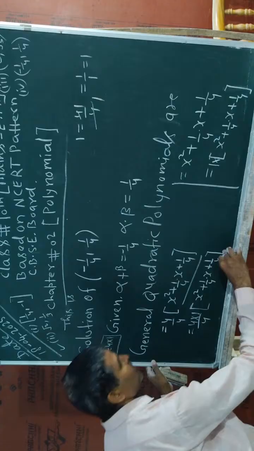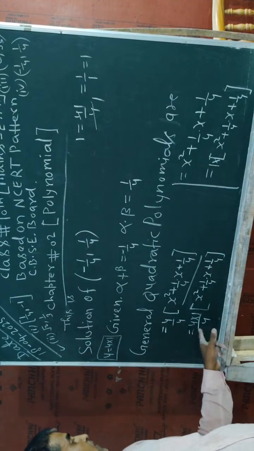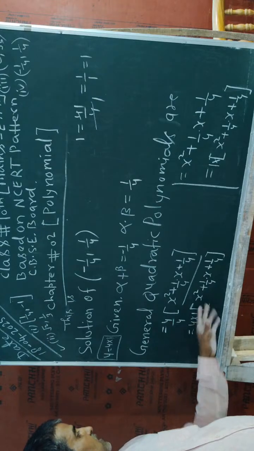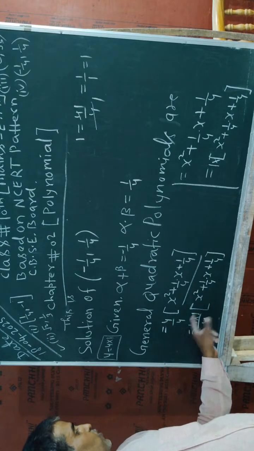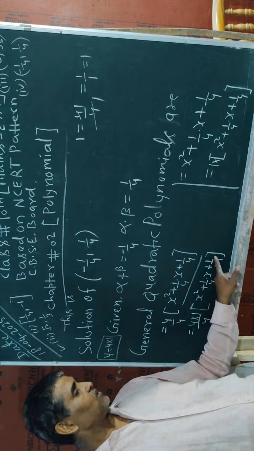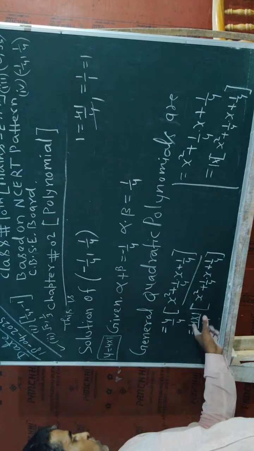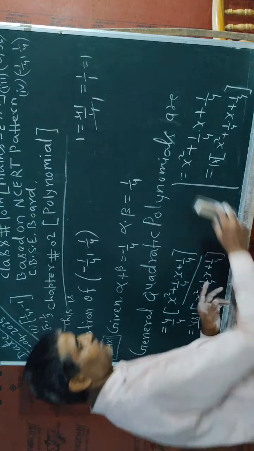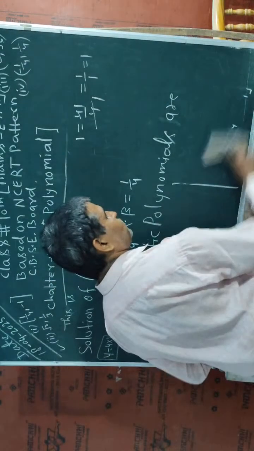Okay student, listen clearly, because I will put the 4 inside the bracket, so that 4 will multiply with this term and also with this term. So I am going to multiply 4 with each term inside the bracket. Now I am going to simplify.